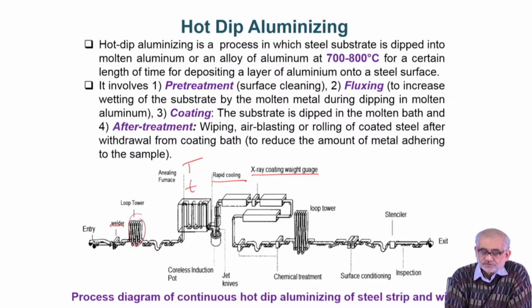So it goes through this kind of a train, and then we also have a loop tower where certain chemical treatments are done, maybe another treatment to make the coating more adherent, certain types of surface conditioning, the physical conditioning of the surfaces.